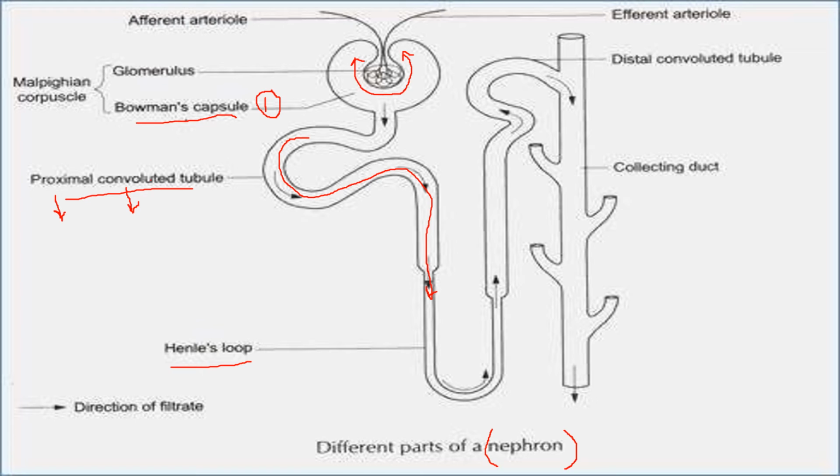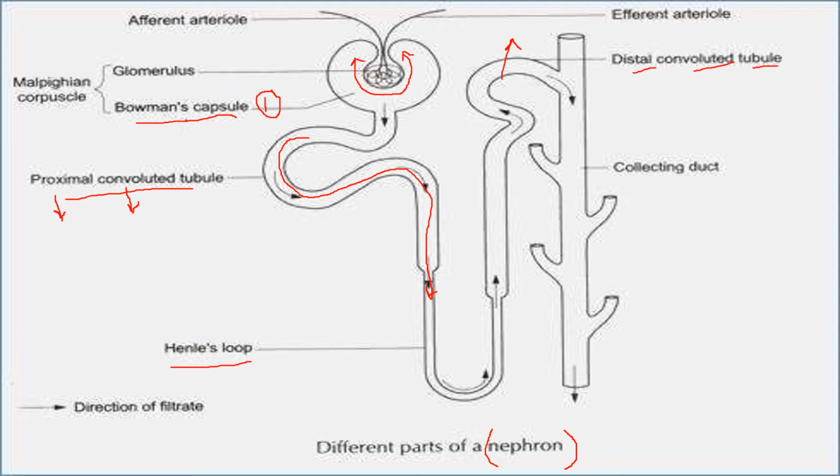This is a U-shaped tube, and it then runs towards another tubule that is called the distal convoluted tubule. It is called distal convoluted tubule because it is present far from Bowman's capsule, and the reason for convoluted is the same, that it is present in a zigzag position.